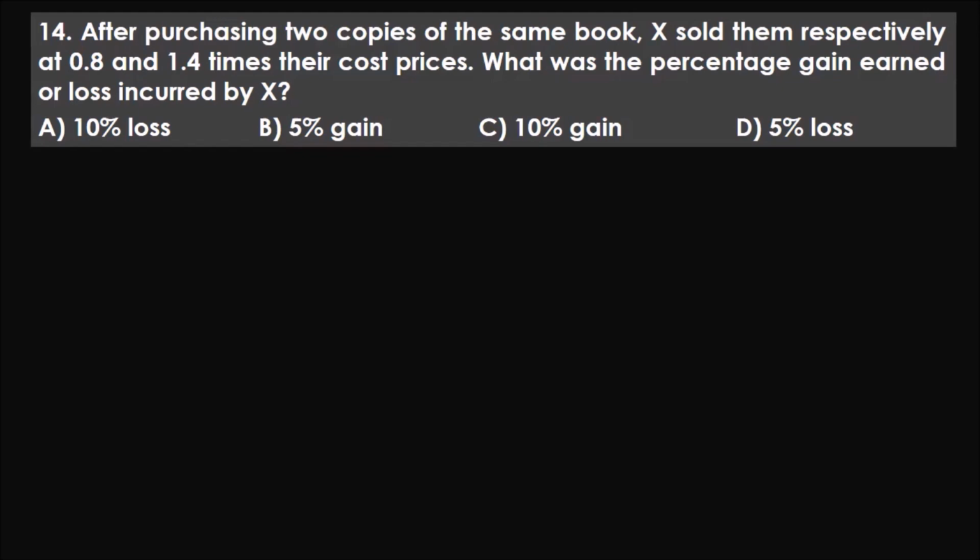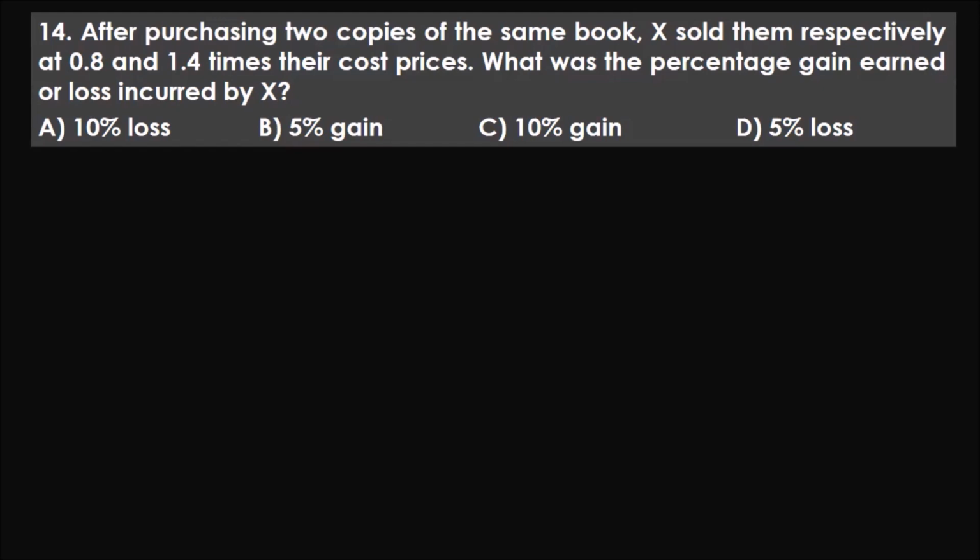A 40% gain. So when you have such a question where the cost price is same, obviously it's the same book, so the cost prices are same. In such cases, all you need to do is find the average of the gain and the loss of the two quantities.